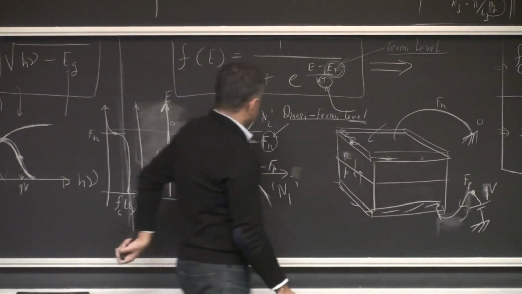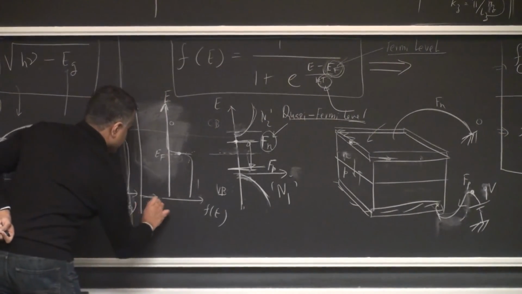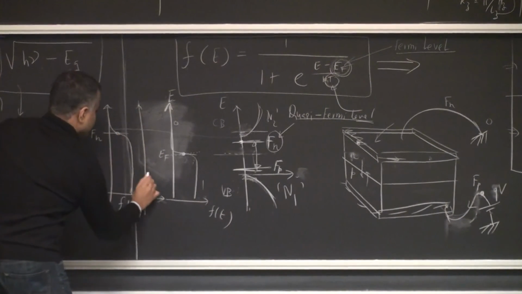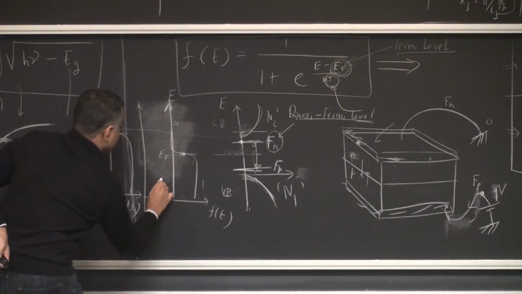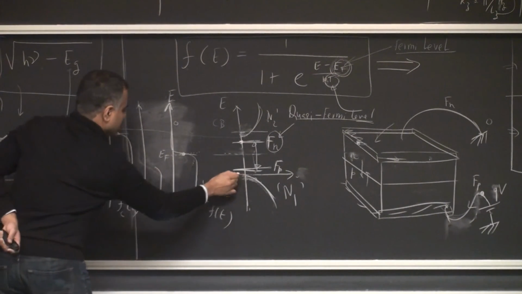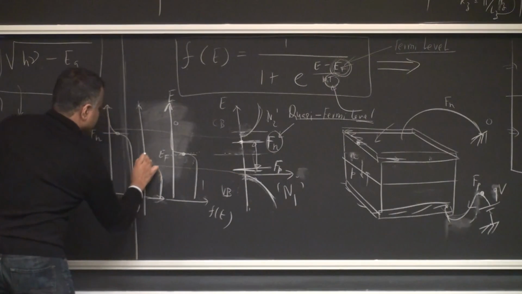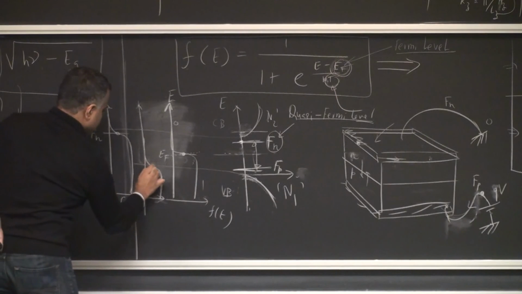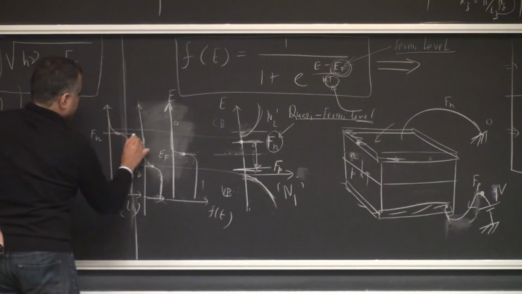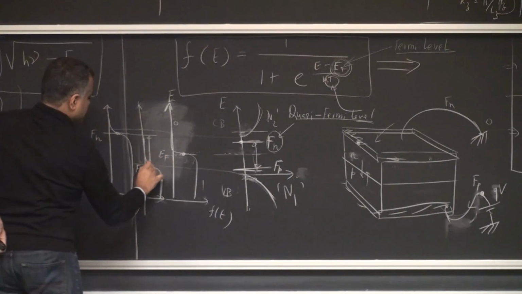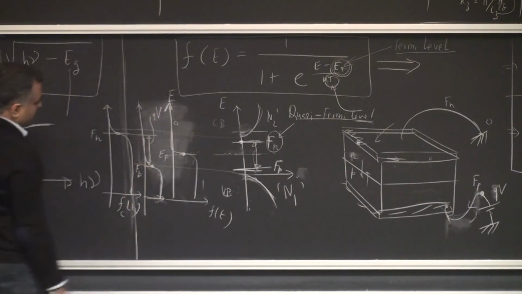And Fv of E1 is similarly, Fn will be 1, and that's the valence band edge. So we'll have something like this, and this value where it's half will be Fp. This difference is equal to the applied voltage across the battery.